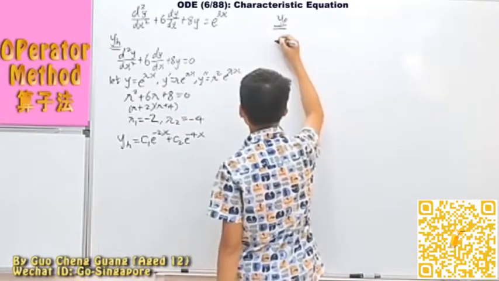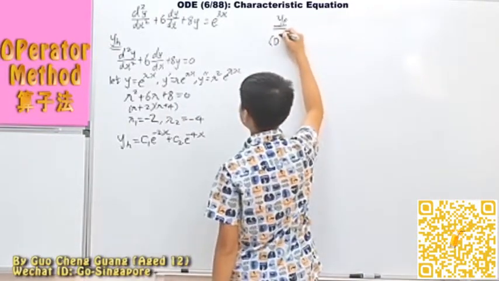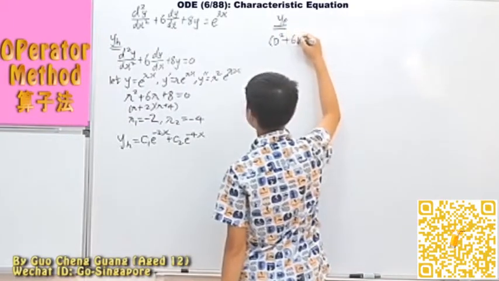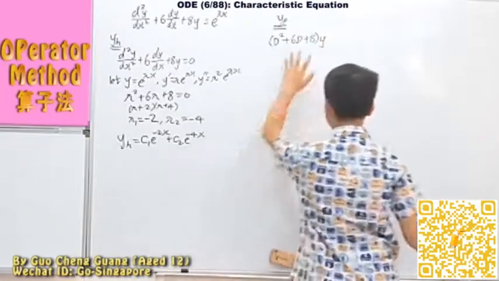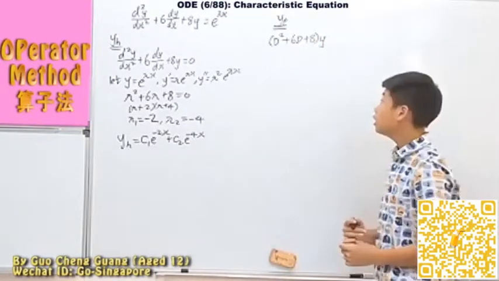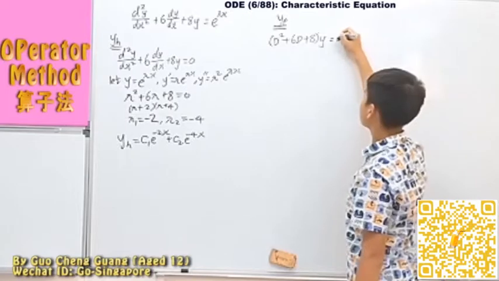And the method that we have used before, D squared plus 6D plus 8. This method here is the operators method, so we're using the operators method in this case.